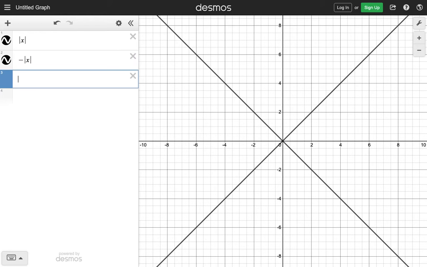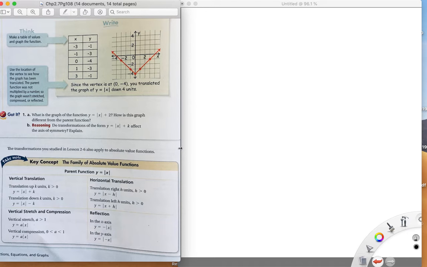If we were to put it inside, it would technically reflect across the y-axis, and it would just look the same. So if the negative sign is on the outside, it reflects across the x. If the negative sign is on the inside, it reflects across the y.